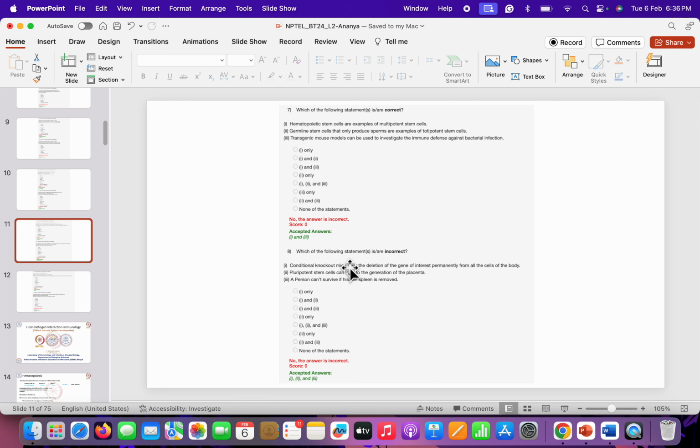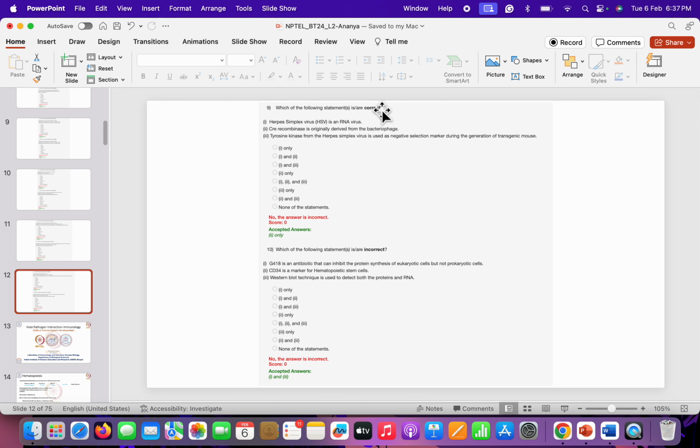Pluripotent stem cells can lead to generation of placenta. A person can't survive if his or her spleen is removed. So all those options are incorrect.